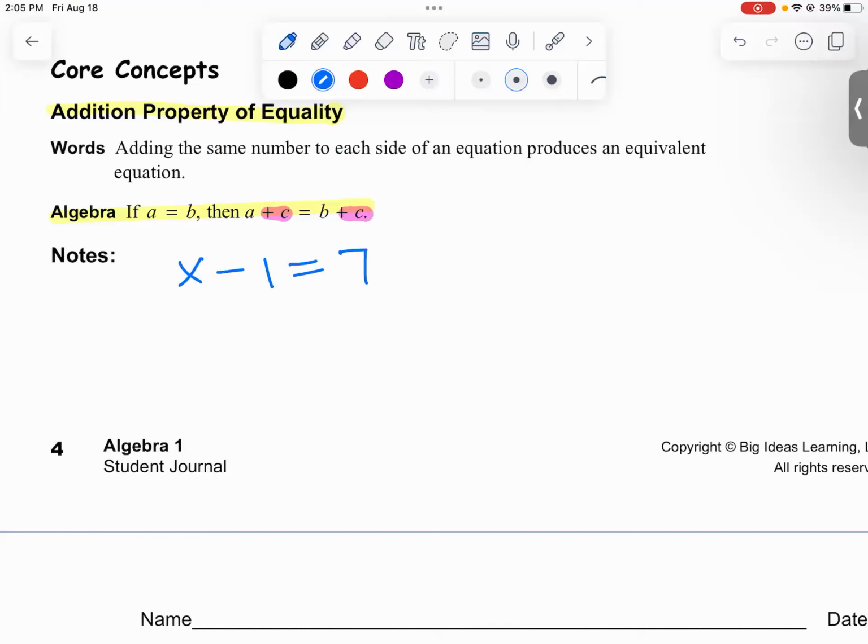Well, what operation is going to undo subtraction? Addition. So we can add 1 to both sides, but remember, if we do something to the left side, we have to do it to the right side, so it's still equivalent. So these cancel, and now we have x equals 8.